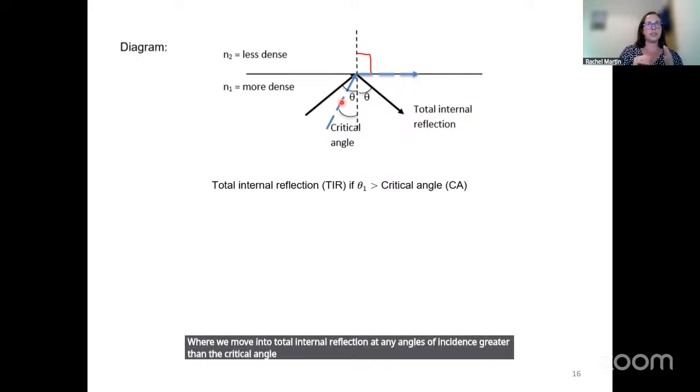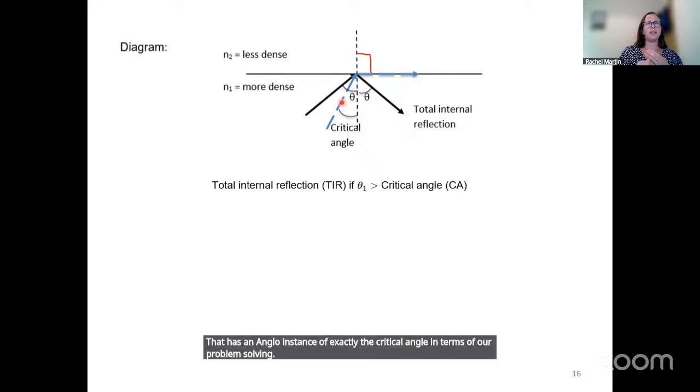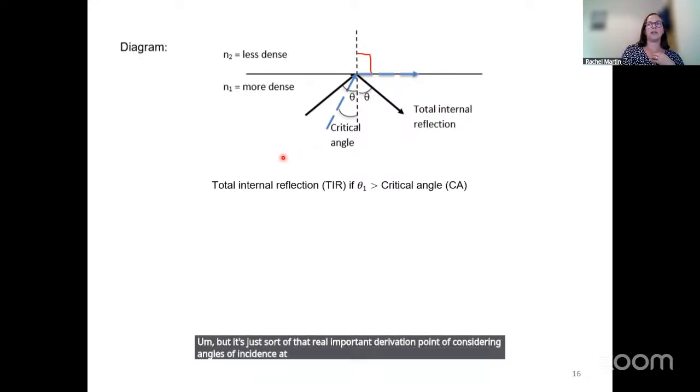But we often need to consider a light ray that has an angle of incidence of exactly the critical angle in terms of our problem solving. I think hopefully that helps. Kat, if you want to add anything there. But it's just that real important derivation point of considering angles of incidence at the critical angle.